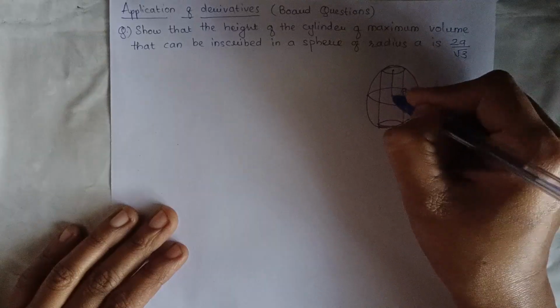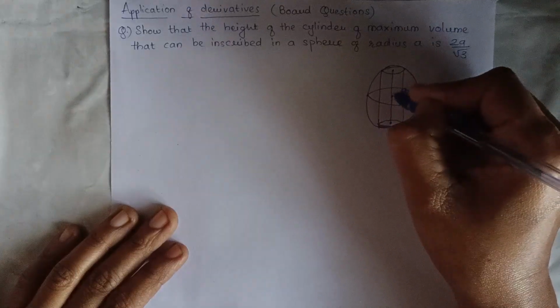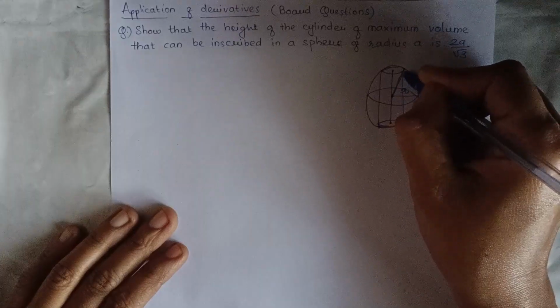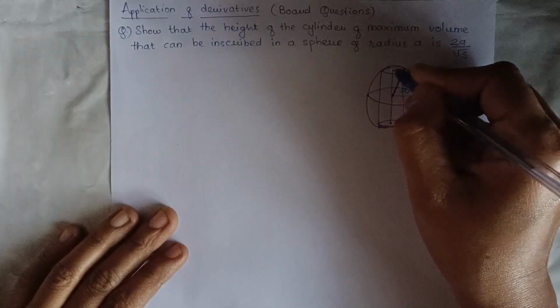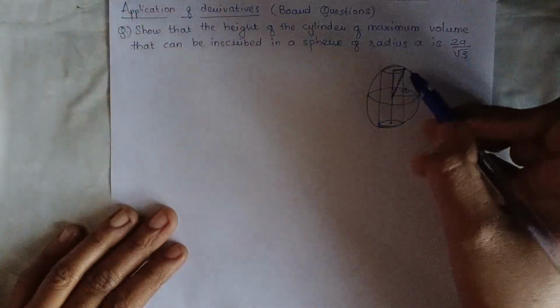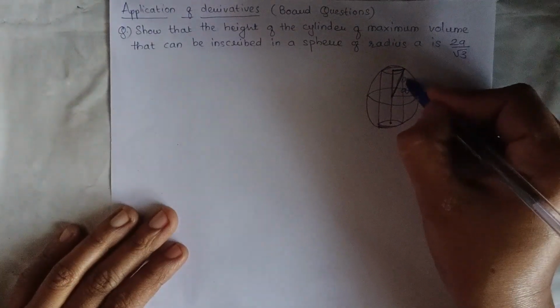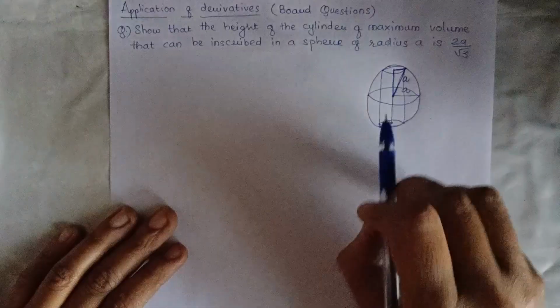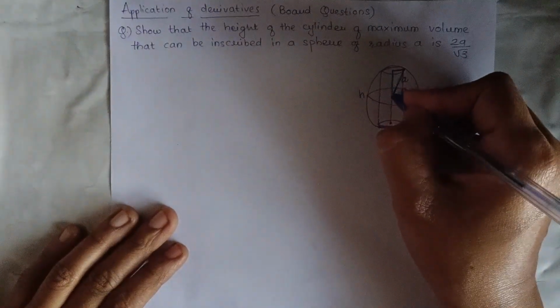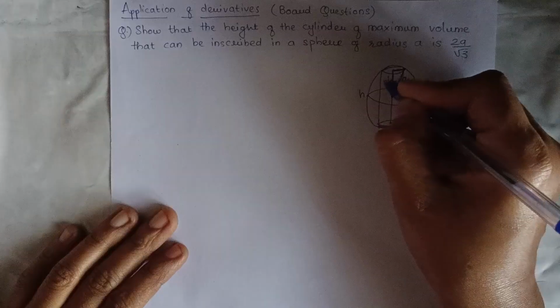This is the height, full height. This is the slant height, or we can take here a triangle. So this length is a. Total height is h, so this portion will be h by 2, correct?